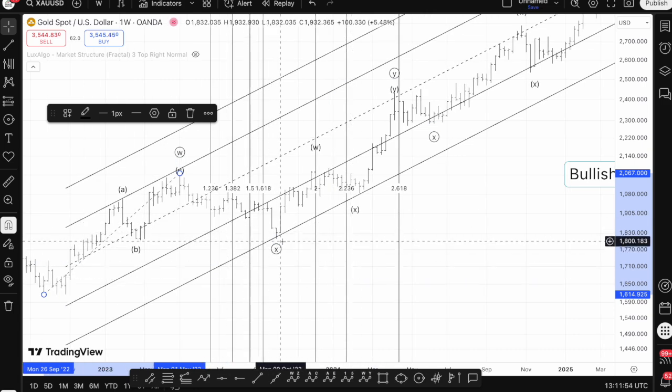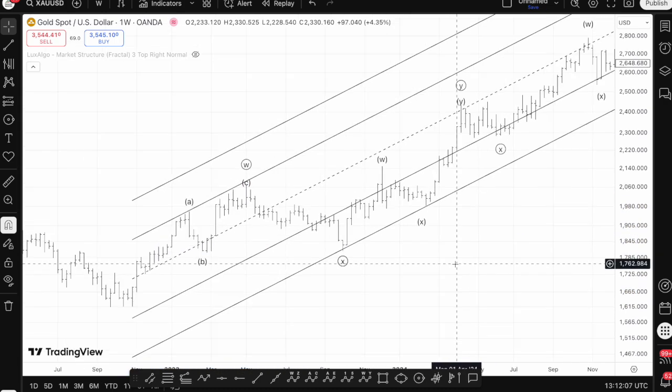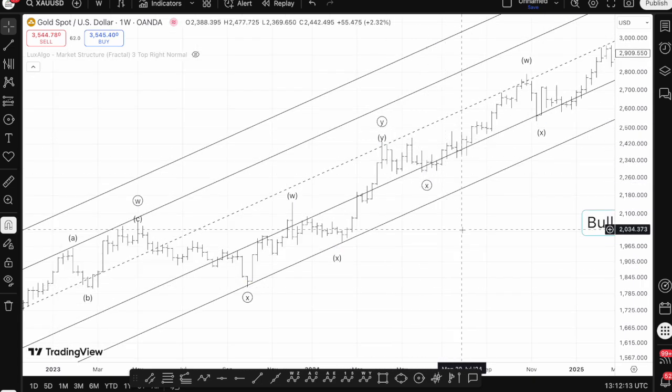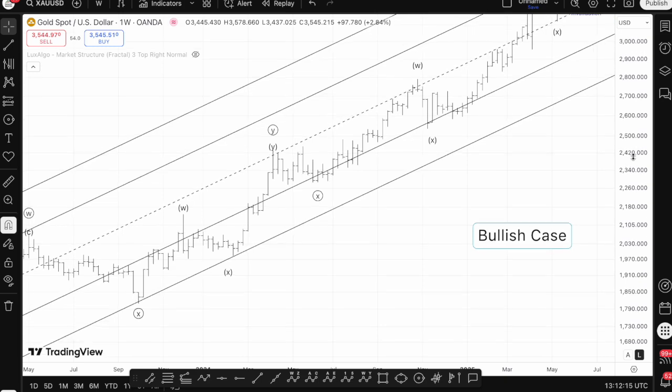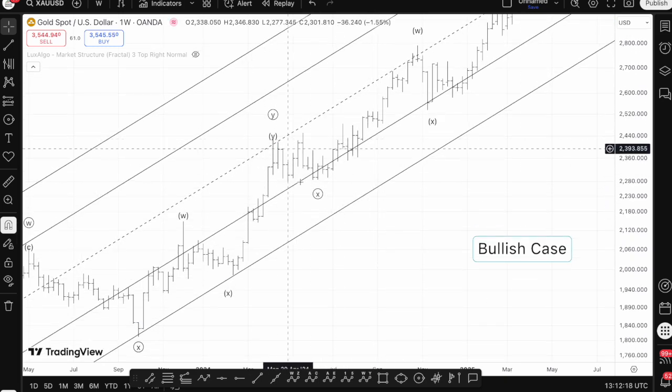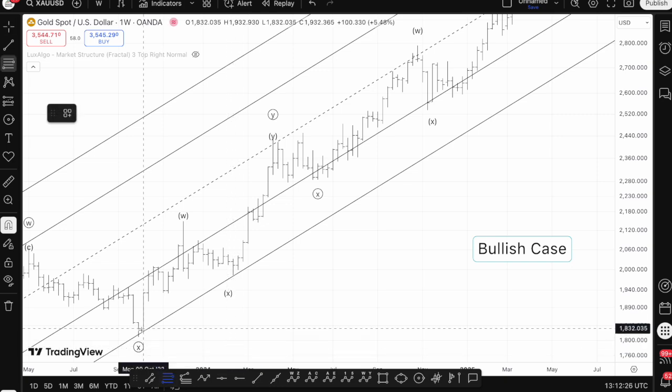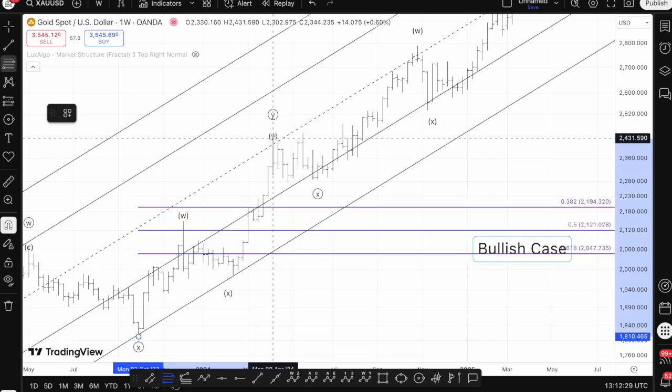Then you look at this, and it took a bit more than 0.618 in terms of the relevance to this first leg up, W. So it is well within the range, it's acceptable. We talked about this leg Y, and let's talk about this leg X because it's very important to our analysis today. Before I go back to the daily time frame, let's talk about the depth of correction for this secondary leg.